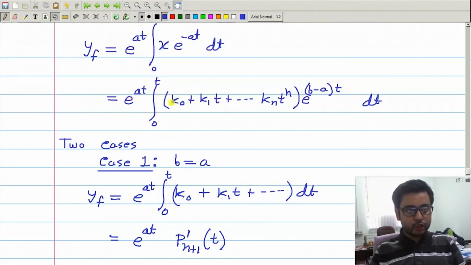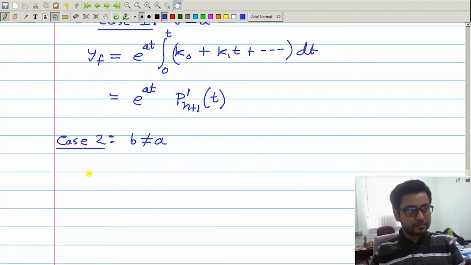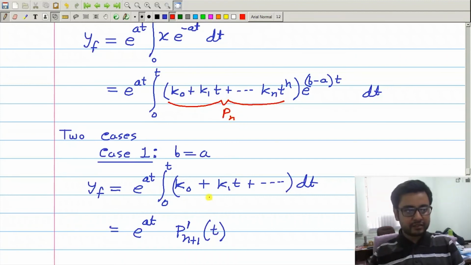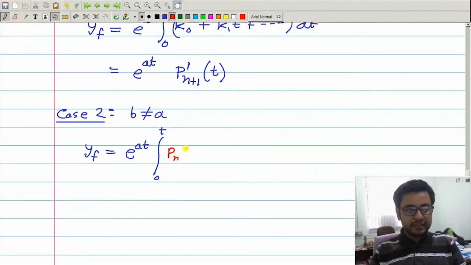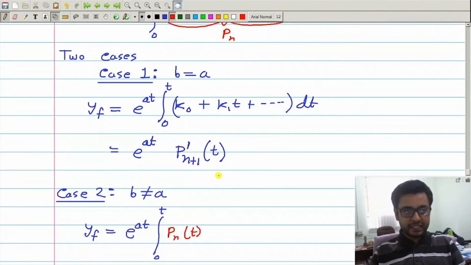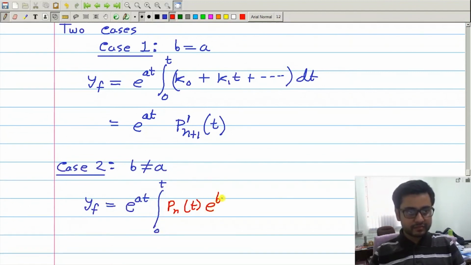If b is not equal to a, then let me write y_f again. y_f is equal to e to the power at times the integration of this polynomial, using the shorthand notation P_n(t), and e to the power (b minus a)t dt.